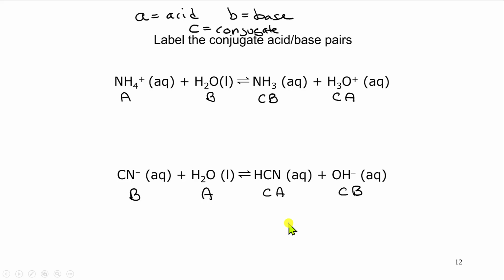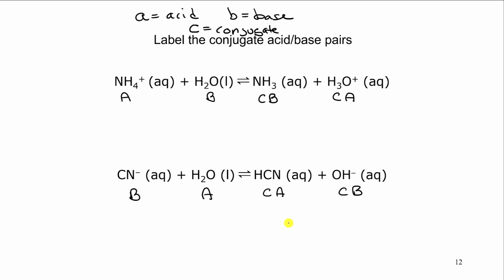Okay, so what's kind of weird about these two reactions if we take a close look at them, right? Look at water in both of the reactions. In the top one, water is a base, and in the bottom one, water is an acid. And it's important to understand that in Brønsted-Lowry theory, there are many species that can be both an acid and a base.